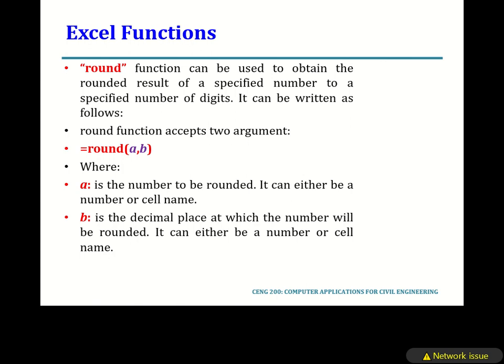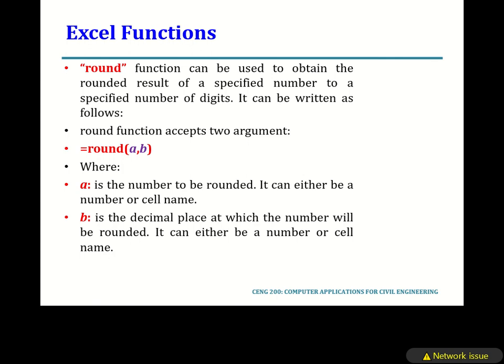Round, this number. If this number is in a cell, choose the cell number, or if you want to type it, no problem. I want to round off this number to how many decimal places? 1 decimal place. If I put 0, no decimal places. Got it? So I put it as 1, and it will give me 3.1. That's it.